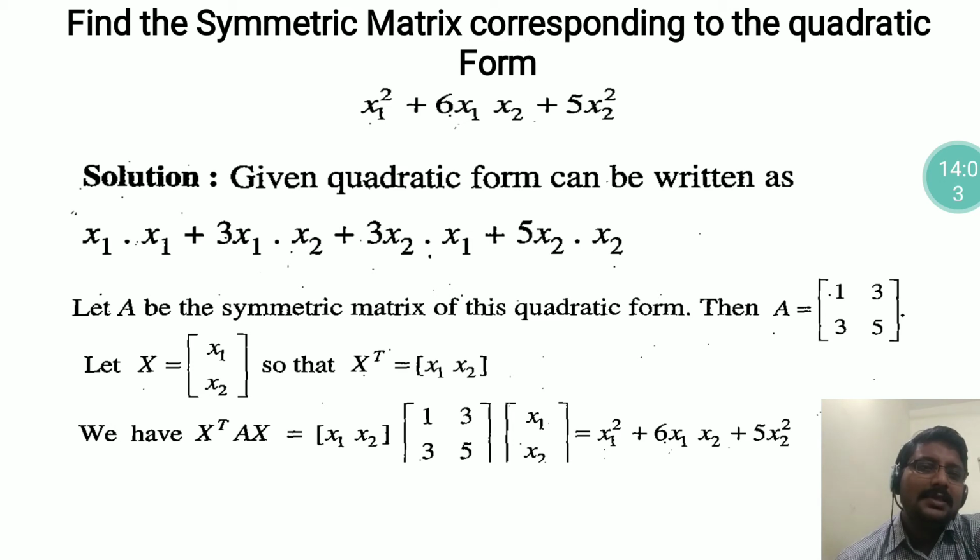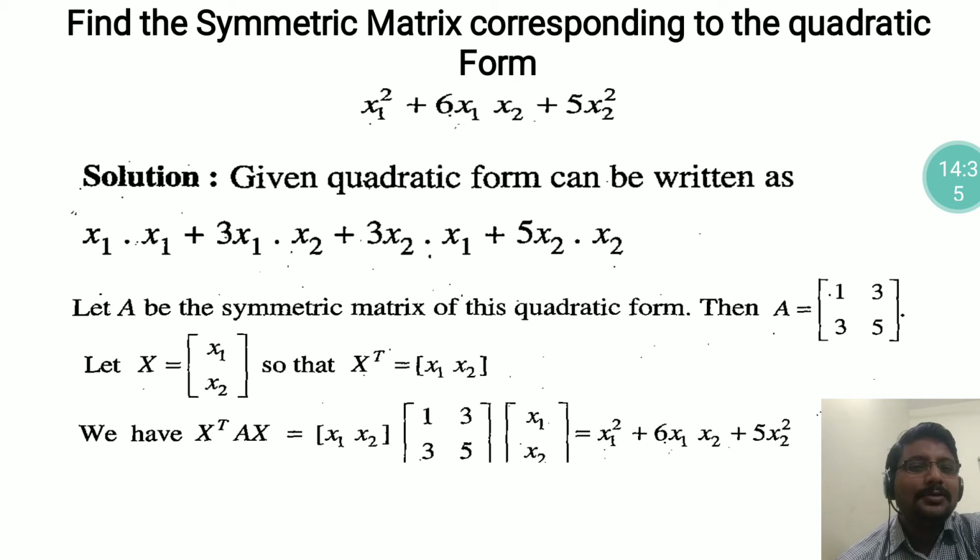Now let A be the symmetric matrix of the quadratic form. Define it like above: take a row as x1 x2 and a column as x1 x2. So we have x1 square, x1 x2 in the first row, and x2 x1, x2 square in the second row.